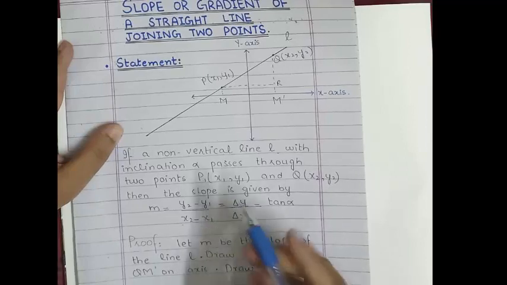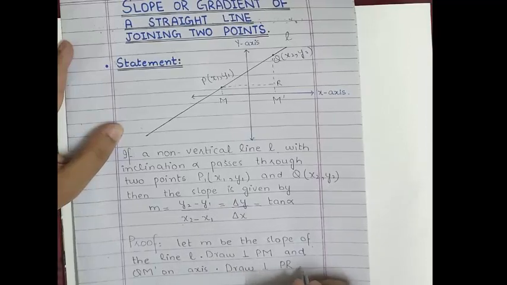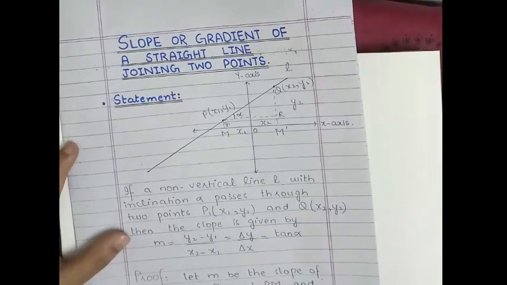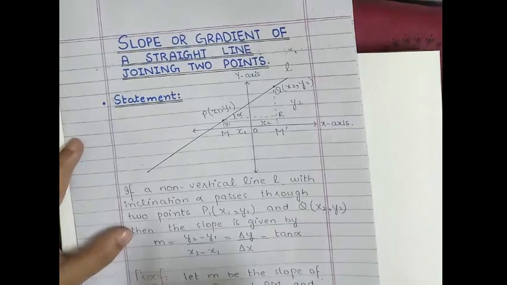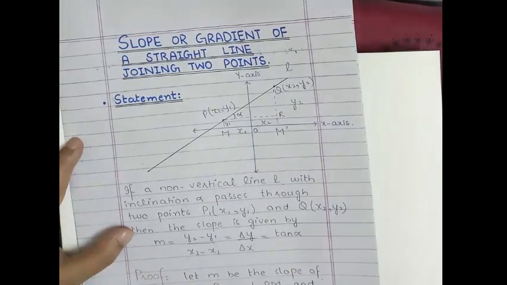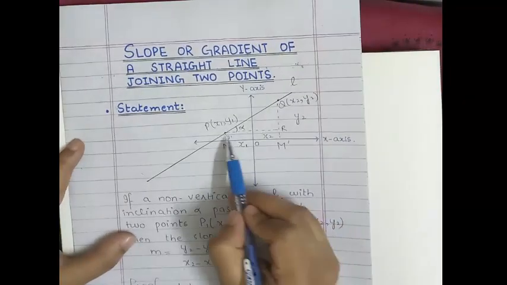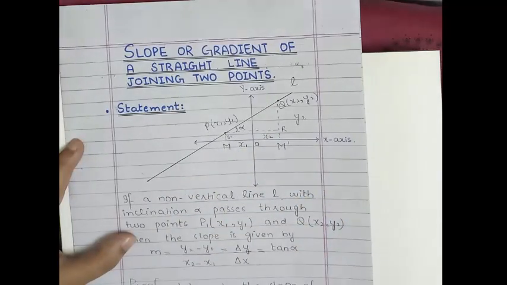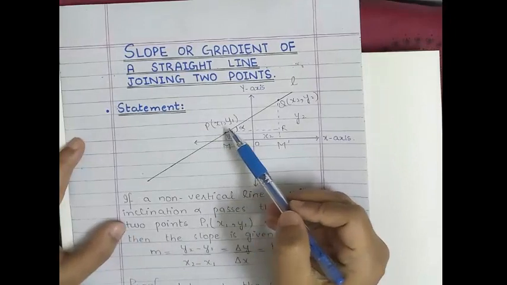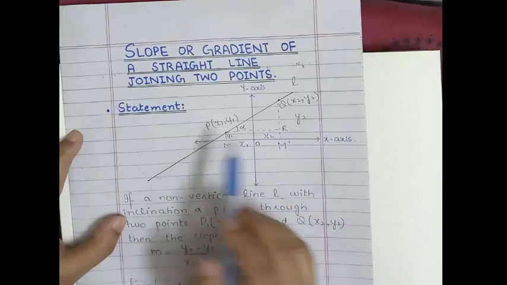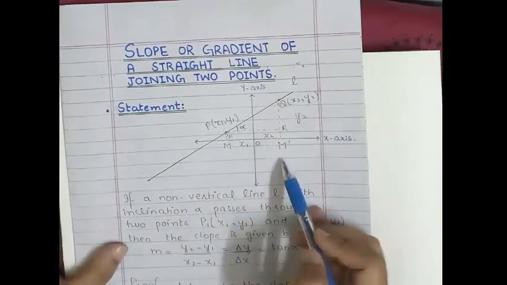Draw perpendicular PR on QM dash. Angle PQR is equal to alpha. And what will be the measure of PR? PR will be x2 minus x1, because there are the 2 points on the line, so their distance must be x2 minus x1 and y2 minus y1.